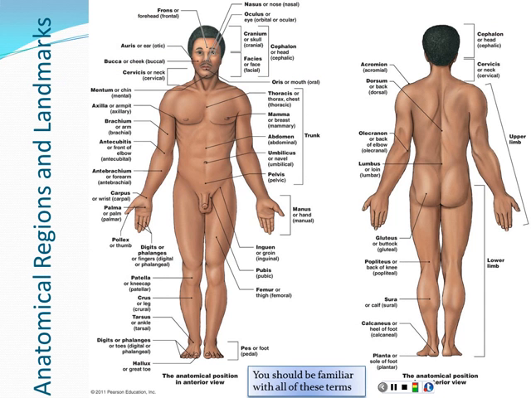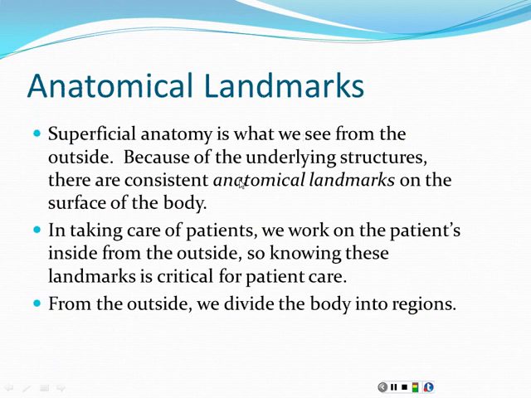So, for example, the iliac crest or your hip bone, which is here and here, that's an example of a superficial landmark. And like when some of you learn how to give injections, you're going to use that landmark to sort of map where the muscles are around that landmark. So an anatomical landmark is something you can see on the surface of the body. Usually it's a spot that is relatively consistent across patients.